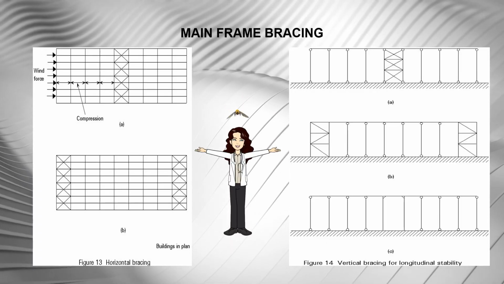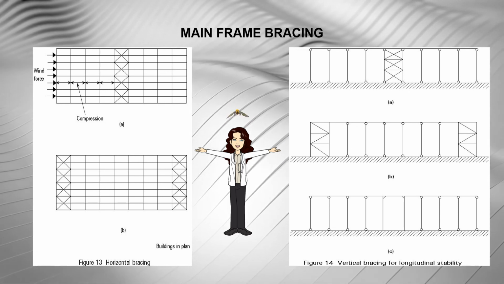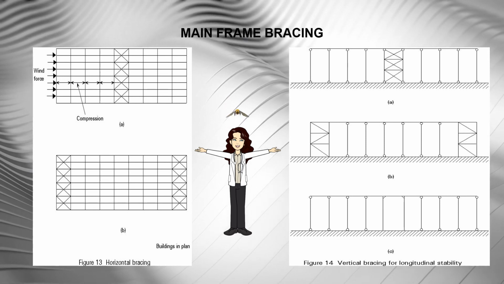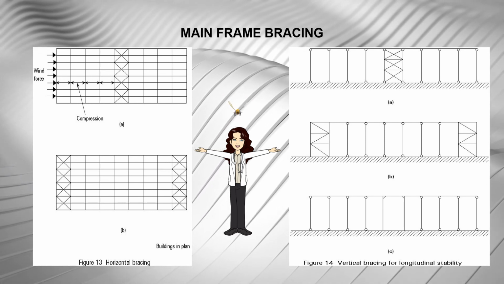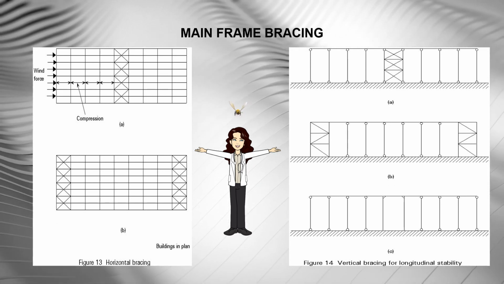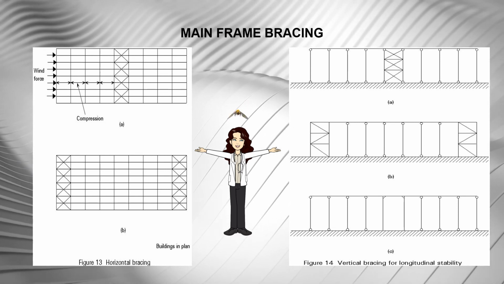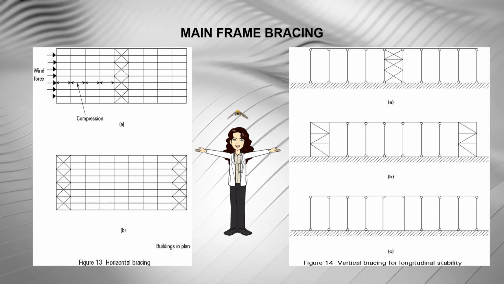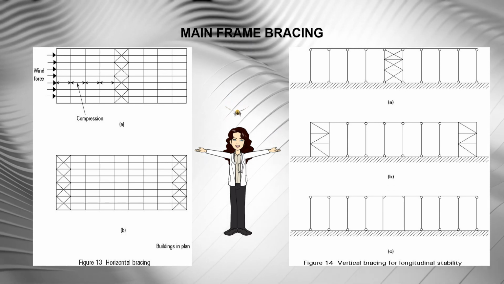Main frame bracing. Most frame configurations for larger spans have moment-resisting joints at the column roof member connections. In addition to assisting with deflection control and reducing member sizes, this arrangement provides inherent resistance to lateral in-plane loads such as those from side winds and crane movements.